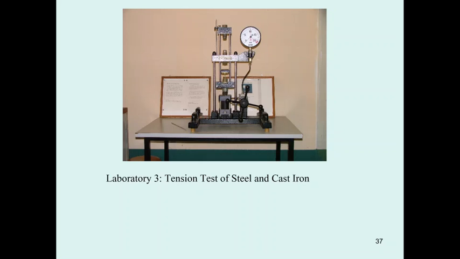Next, this machine is the universal testing machine, 20 kilonewton. The 20 kilonewton is the maximum force this machine can apply. When you twist this knob, the hydraulic pump pumps hydraulic oil into this load cell, and the black needle shows you the force. You also have the red needle, which records the largest force.